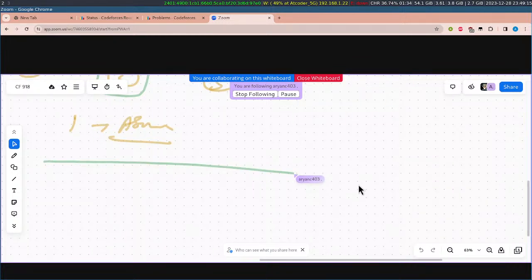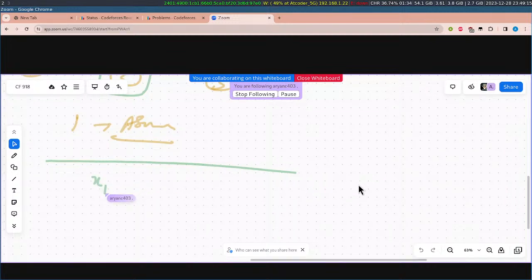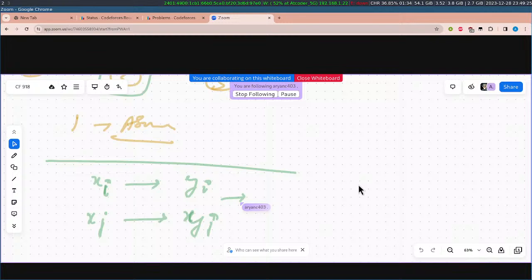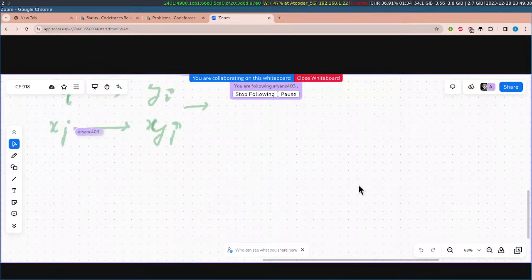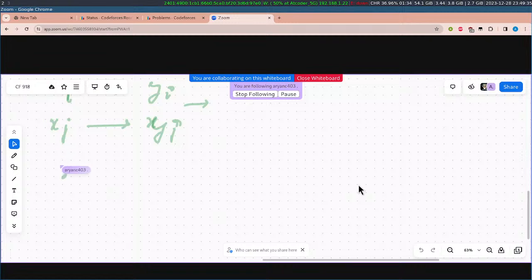then if we look at two different people, let's call someone xi who starts from xi and goes up to yi, and someone starts from xj goes up to yj. What is the necessary condition that they will meet? If the starting and ending points are like this, they will definitely not meet.